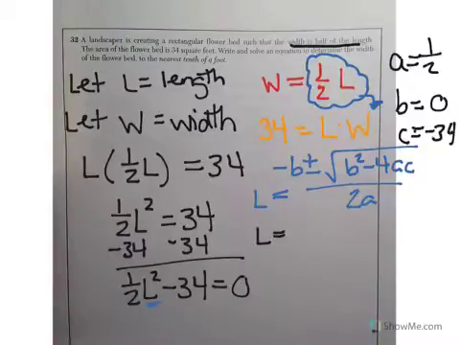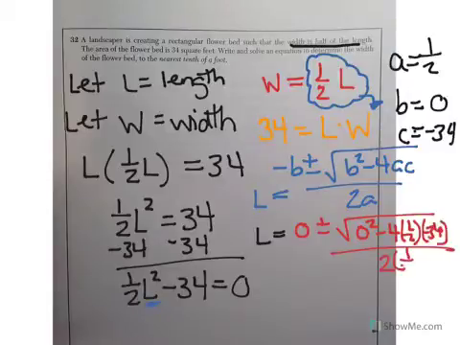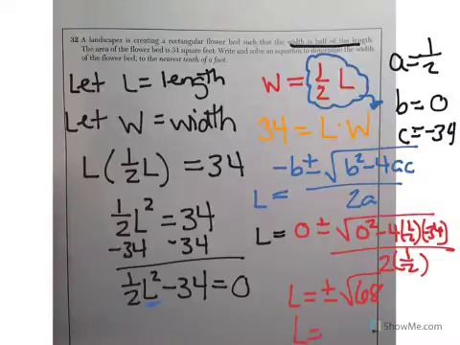So if I plug that in, I'll end up with L equals 0 plus or minus the square root of 0 squared minus 4 times 1/2 times negative 34 all over 2 times 1/2. I'll end up with L equals plus or minus the square root of 68, and 2 times 1/2 is just 1, so L will equal a positive, and if I round to the nearest tenth for the length, I get a positive 8.2.